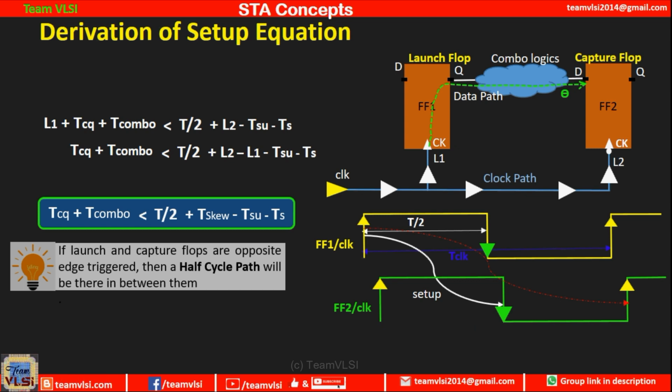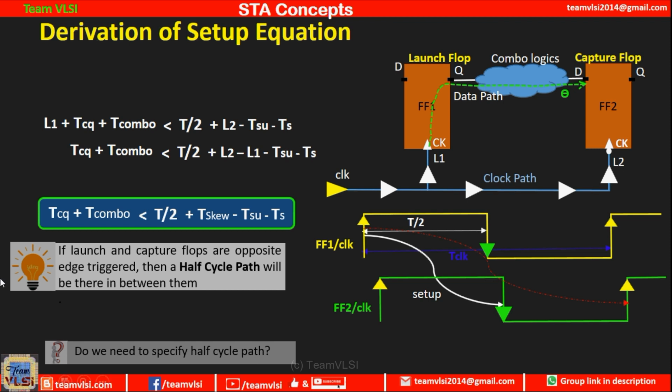And I have a question here for my audience: do we need to specify a half cycle path as we do for multi-cycle path and false path in SDC? Do we need to specify a half cycle path, or how will the tool detect that? I would like to see your answer in the comment section.